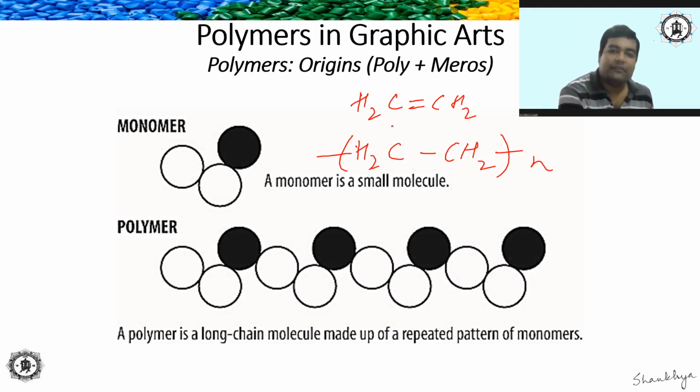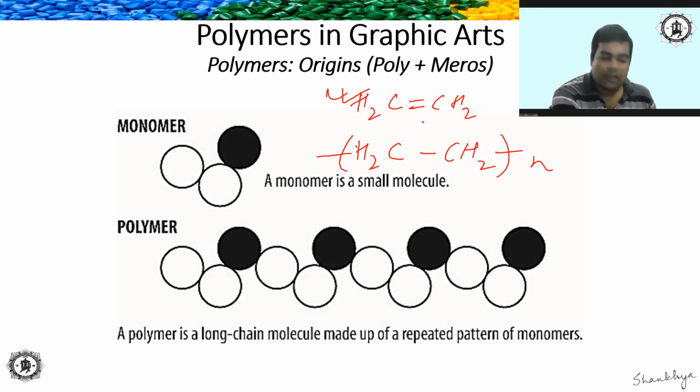In the first case, you had only a single molecule of ethylene, right? But once it is subjected to certain conditions, its characteristics and physical properties are changing. Why? Because multiple such ethylene molecules are getting connected.